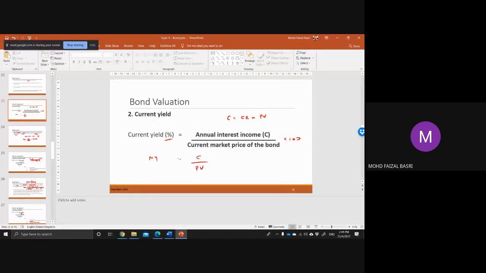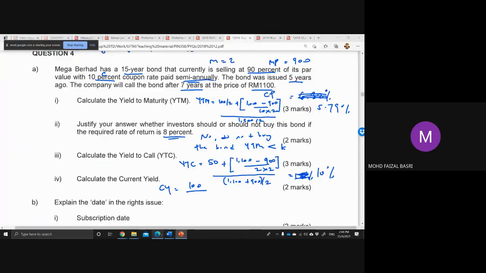So even though it's semi-annual, we're going to use the full coupon rate. So in this case, it's RM100. And the current price, again, is RM900. So the current yield is 11.11%.